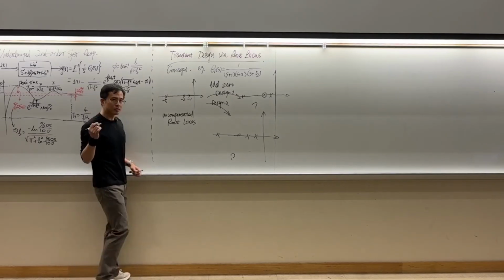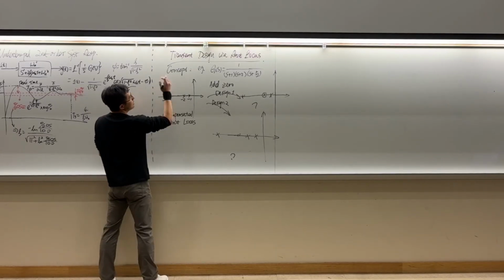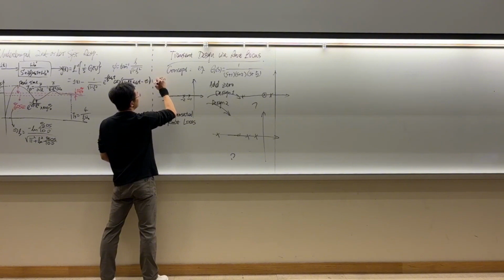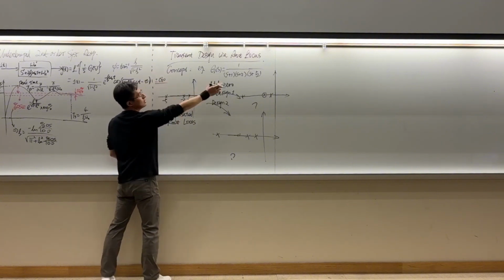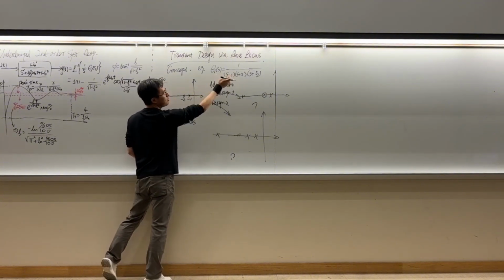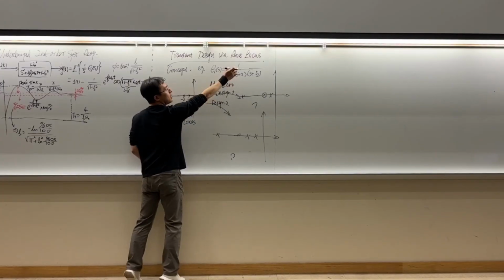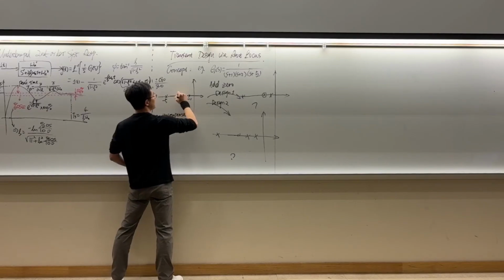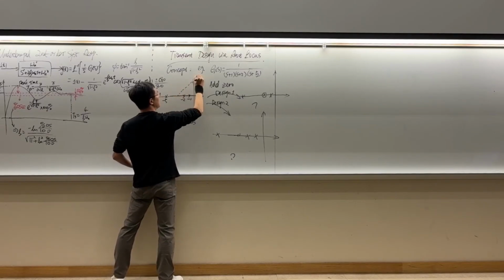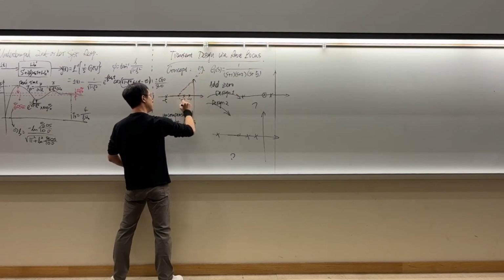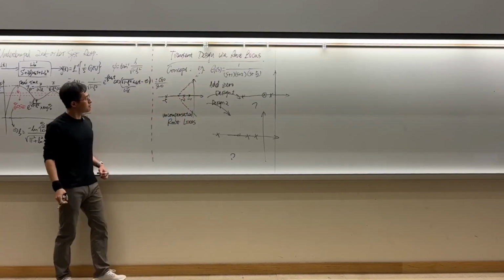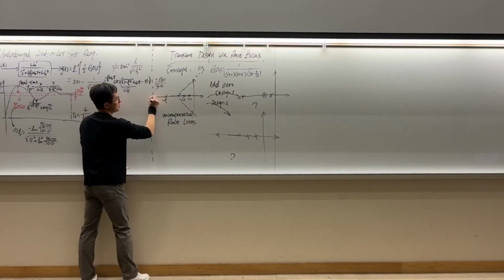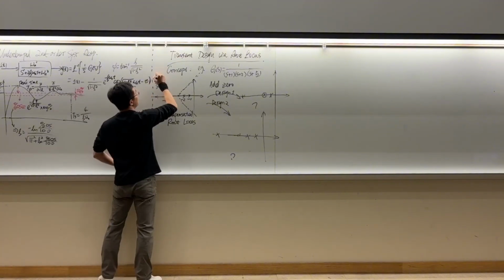And then the asymptotic angles will be 180 degrees plus minus, over the order of the denominator minus the order of the numerator, so it's 3 minus 0. So it's going to be 60 degrees, something like this. And then, with 2k plus 1, there are 3 asymptotes.